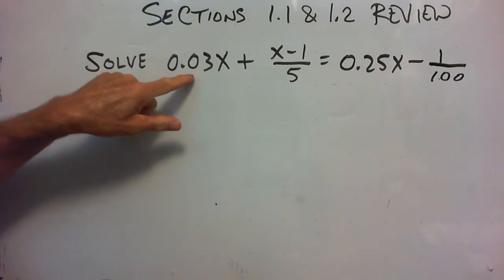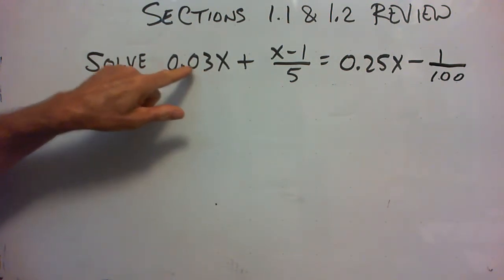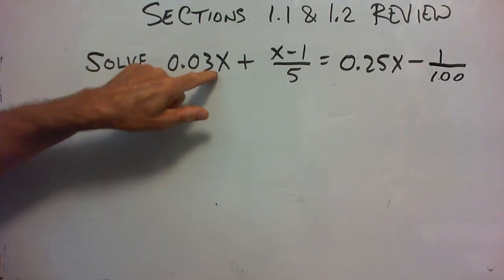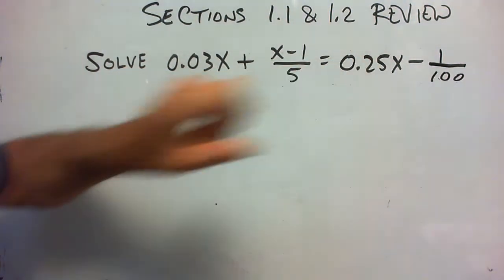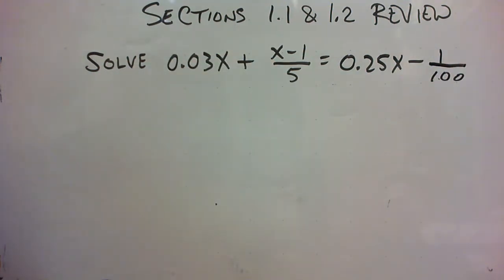Well, we can get rid of the decimals by multiplying both sides by 100, because that's going to move the decimal point 2 places on both of these decimals. But multiplying by 100 will also clear out the fractions. So do that and then solve this problem.